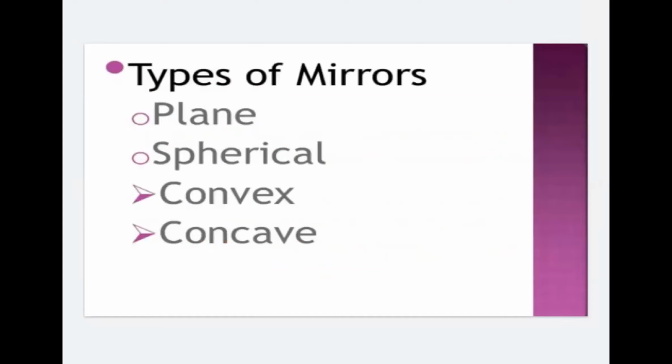Now, in our day-to-day life, we are only using the plane mirror. But my dear students, I would like to inform you all there are basically two types of mirror. The first one is the plane mirror, which we all use in our day-to-day life. And the second one is the spherical mirror.